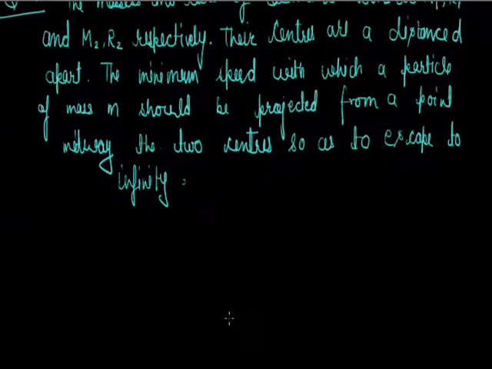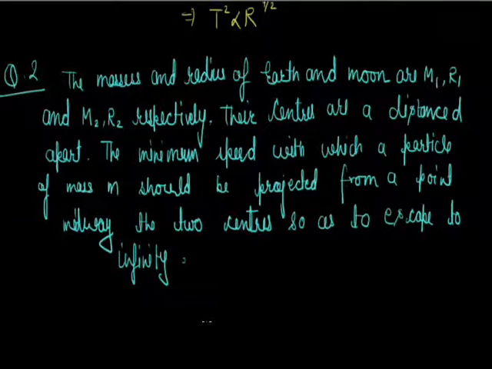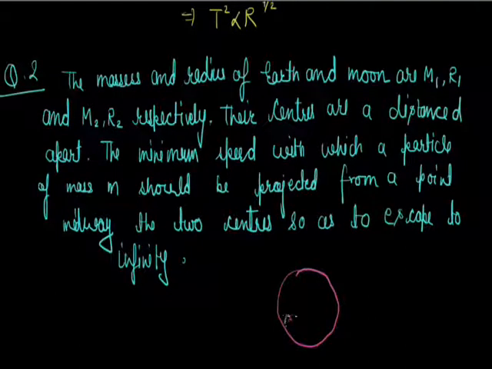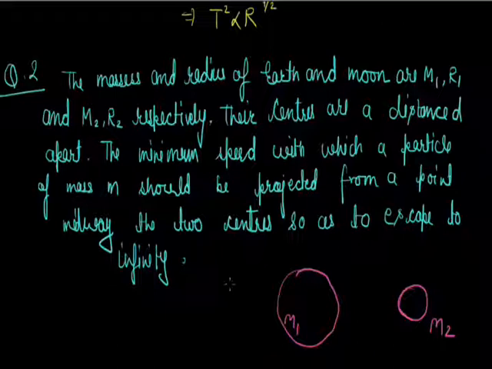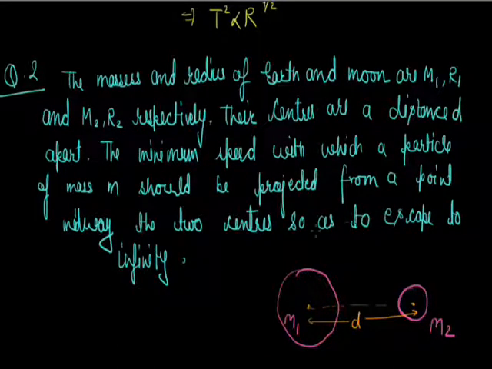So, as given in the question, the masses and radius of Earth and Moon are m1, m2 and r1, r2, and their centers are a distance d apart. So we can draw a diagram. Suppose this is the Earth whose mass is m1, and this is the Moon whose mass is m2, and their centers are at distance d.